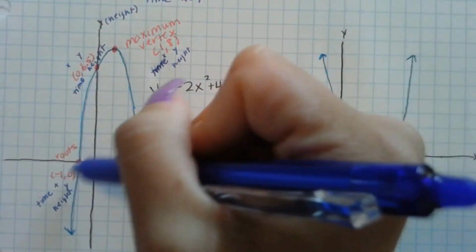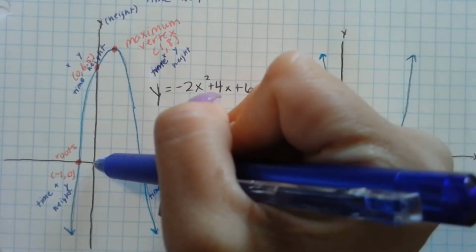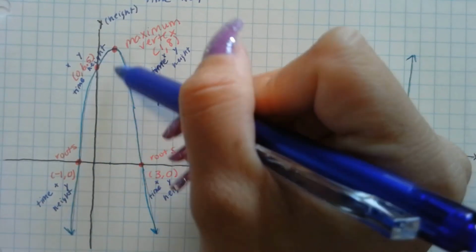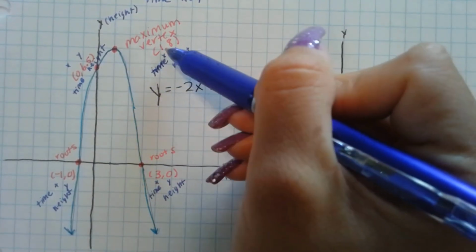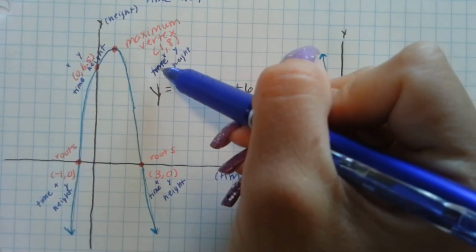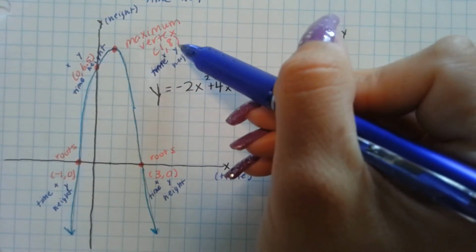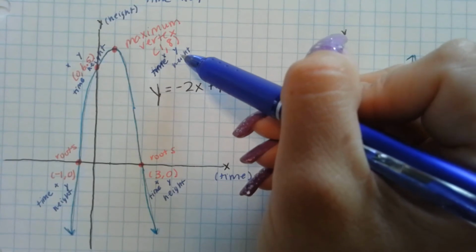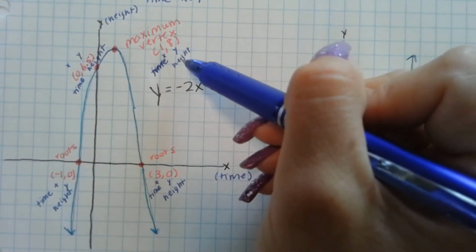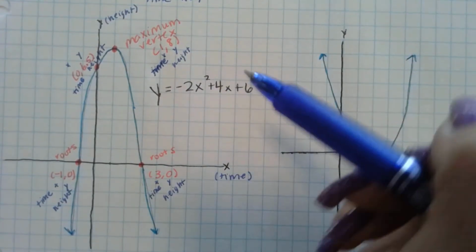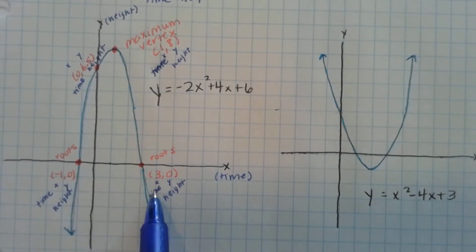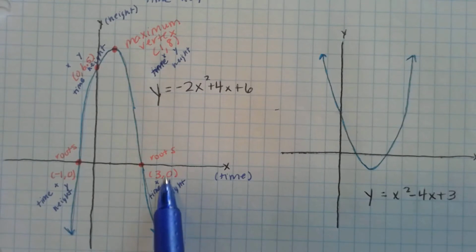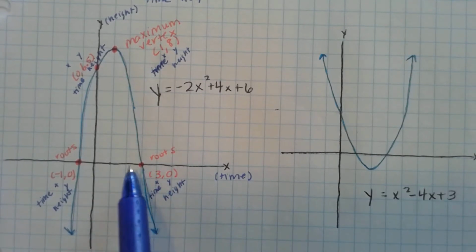So we know that the highest point was at 1 second, 1 minute, 1 hour, 1 day, and the highest point was 8 inches, 8 feet, 8 meters. Then at 3 seconds, 3 hours, 3 minutes, 3 days, the height was 0 again, right back on the ground.